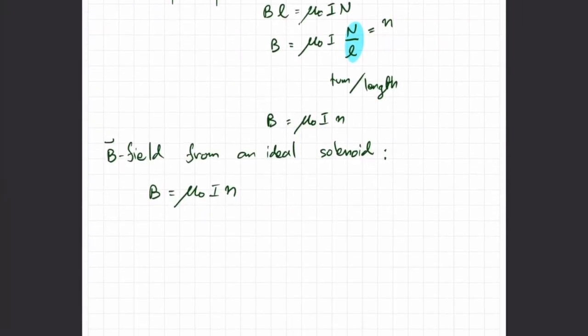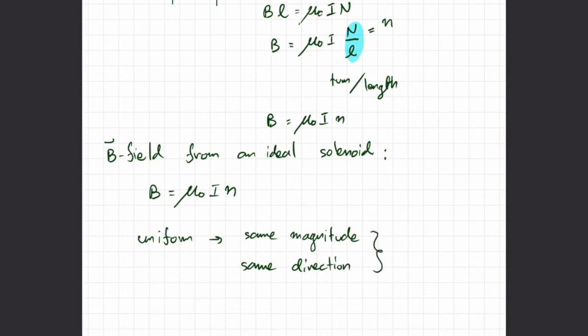And the field is also uniform, so that means same magnitude and same direction everywhere inside the coil or the solenoid.